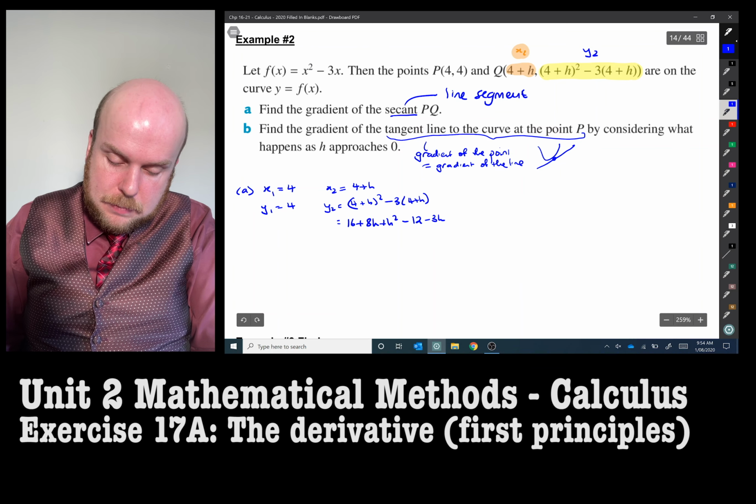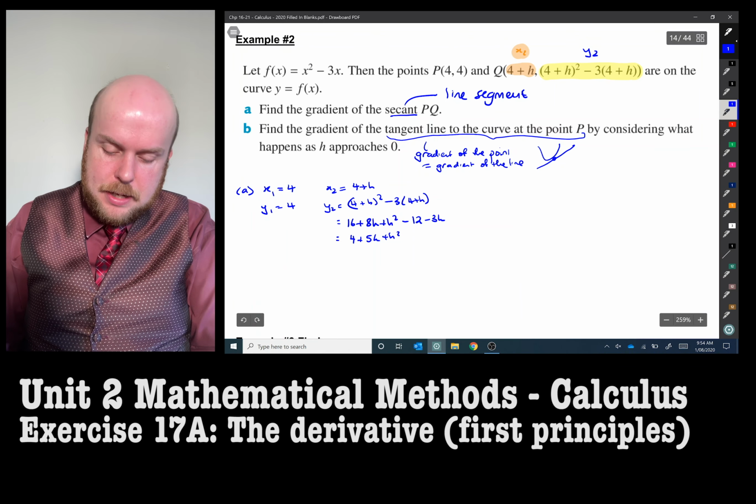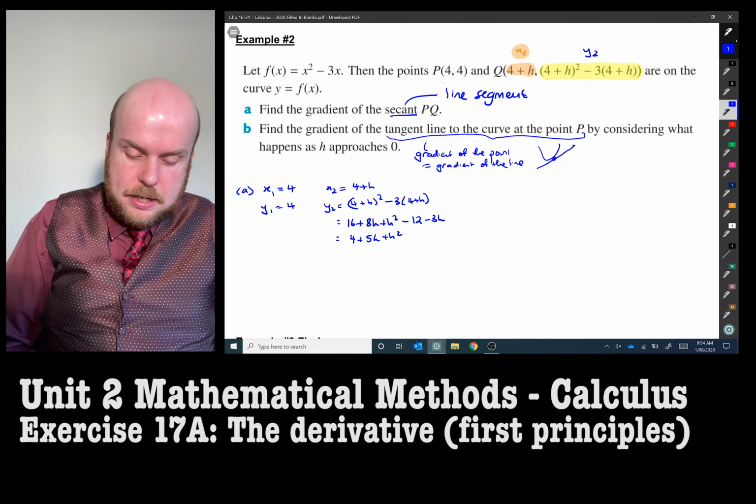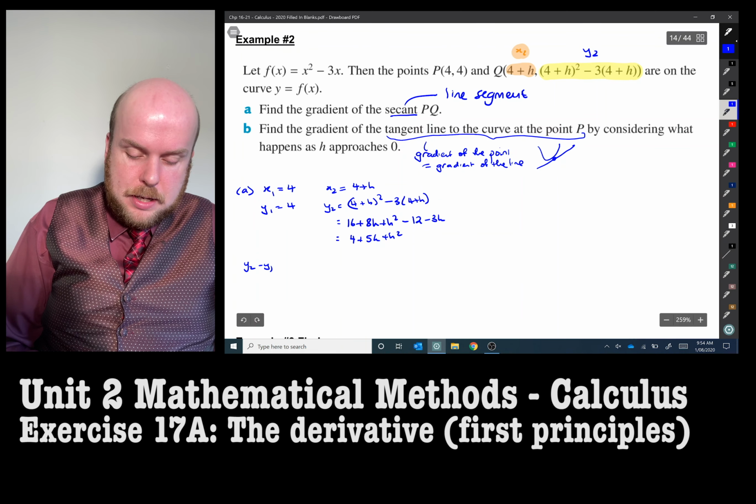So that's going to be 4 plus 5h plus h squared. So now we can do the gradients. The gradient is y2 minus y1 over x2 minus x1.